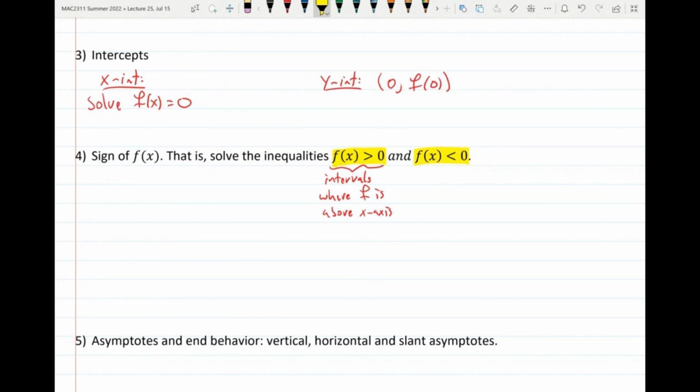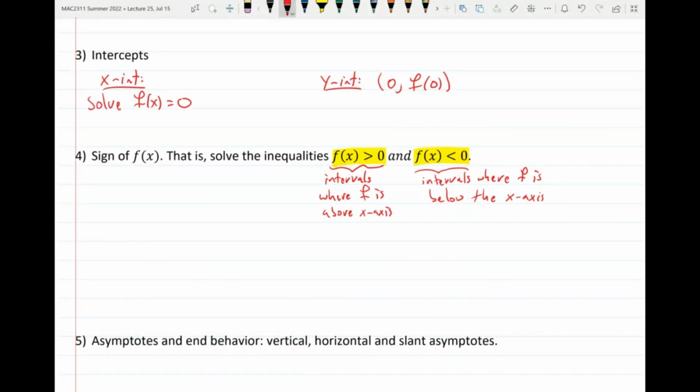And similarly, when f(x) is less than 0, you are getting the intervals where f is below the x-axis. This is very good to know when you're going to graph.